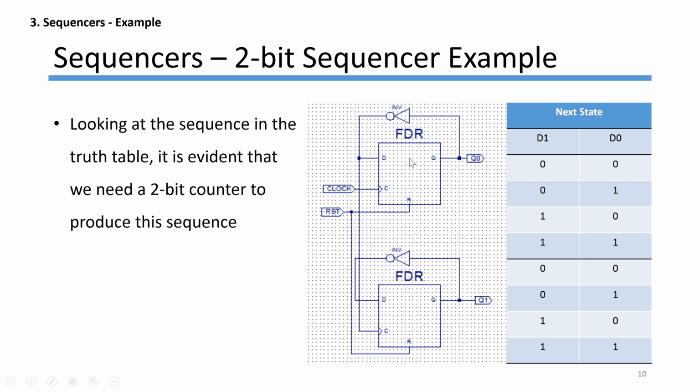If you think about what happens in each flip-flop, it does make sense. With flip-flop D0, the sequence goes 0, 1, 0, 1, and these are just complements of the outputs.